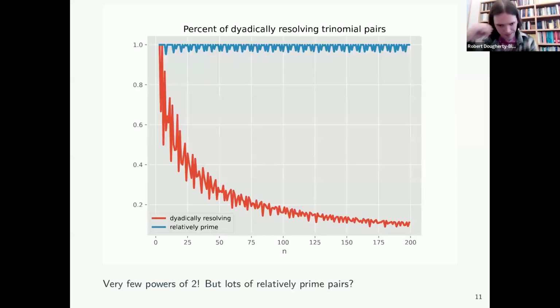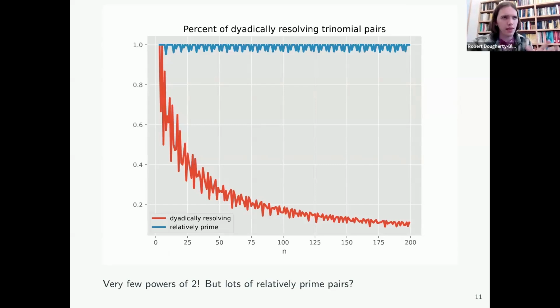But as to the density, the proportion of powers of 2 versus not powers of 2, we can tell you that it's a little more dramatic than anything I've said so far. This is a plot that tells you the proportion of pairs of trinomials that dyadically resolve.